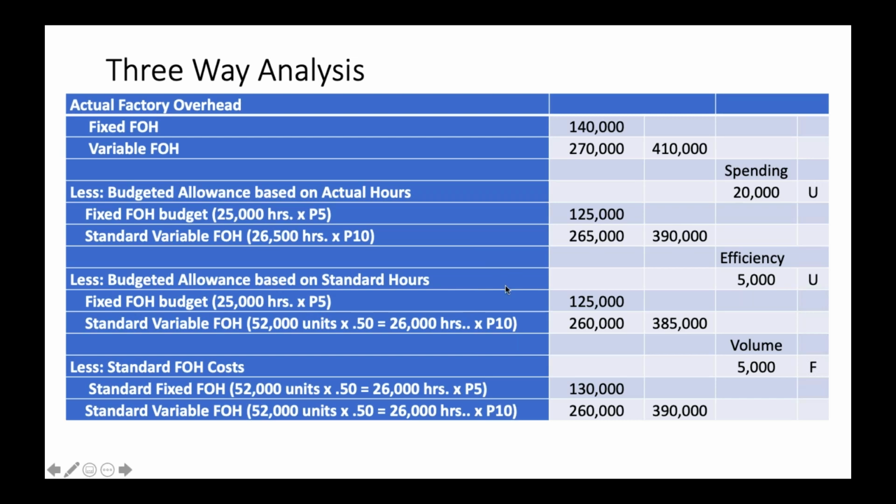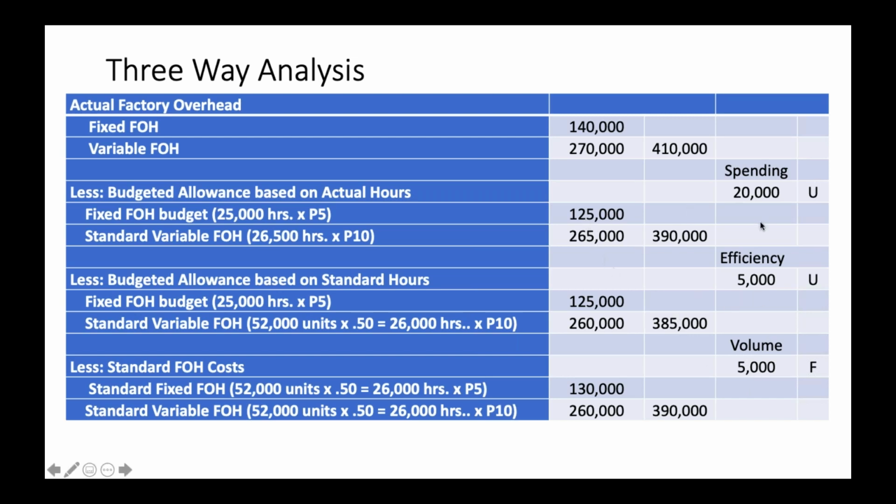As you can see, we are only getting the difference between the standard variables. Efficiency of 5,000. And then for volume variance, we know this already, 5,000 pesos.